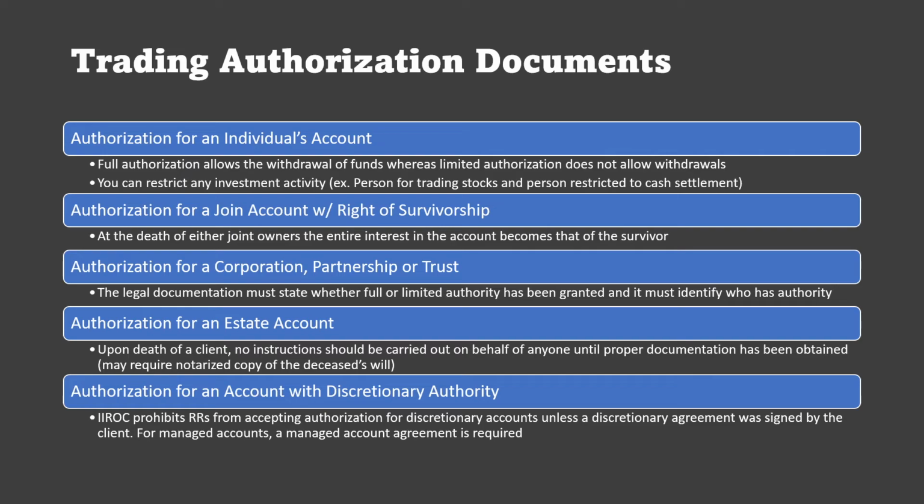Authorization for an account with discretionary authority. So IROC prohibits RRs from accepting authorization for discretionary accounts unless a discretionary agreement was signed by the client. So for managed accounts, a managed account agreement is required.